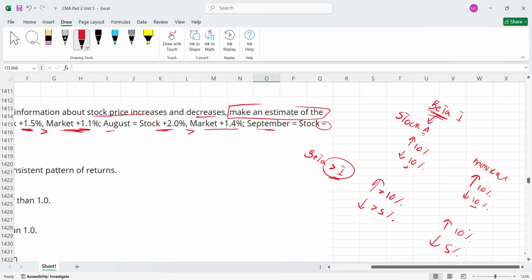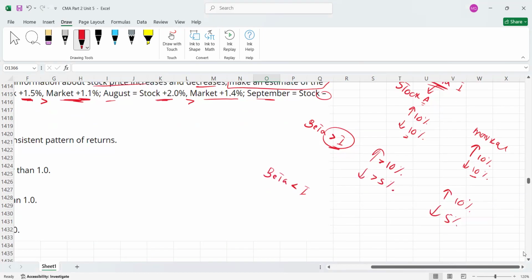Then what does beta less than 1 mean? For example, if the market increases by 5%, less than 1 means this stock price will increase, but by less than 5%. If the market is going down by 10%, this stock price will go down by less than 10%, right?